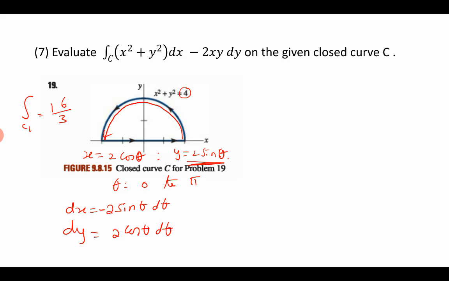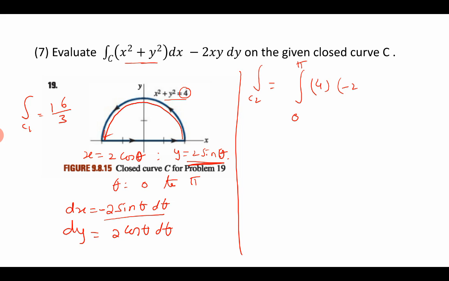Right? Now use everything in the integral over C2. The integral of theta will be 0 to pi. First, x square plus y square is equal to 4. dx is given here, minus 2 sine theta. X square plus y square is given here, right? Don't worry.